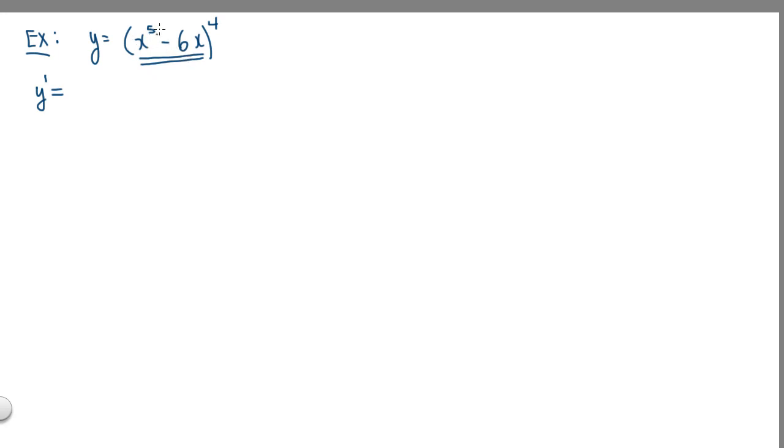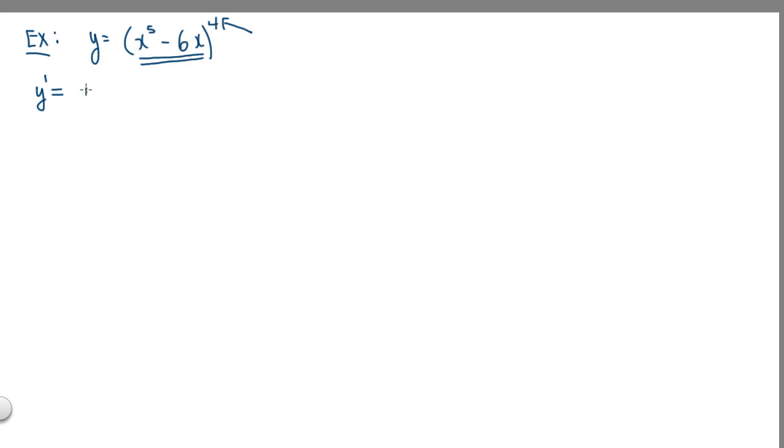If this x to the 5th minus 6x is our inside function, then this 4th power here, that's our outside function, and that will get us started on doing our derivative. So we're going to take the derivative of the outside function while keeping the inside function the same. The outside function is just the function that raises a quantity to the 4th power.